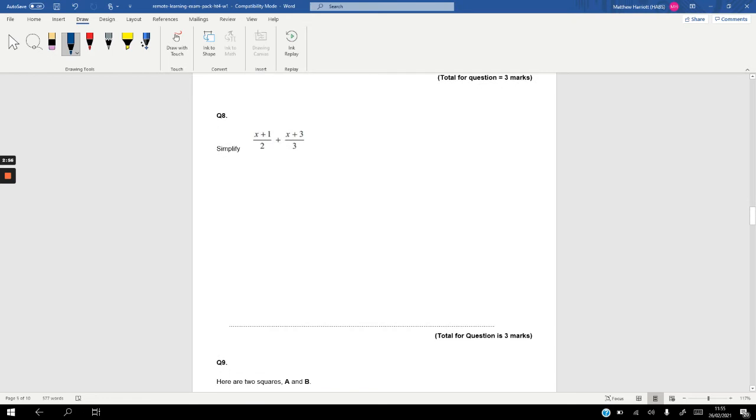Question 8. We want to simplify these fractions. Key thing: if I'm adding fractions, I need the same denominator. So, first step is I'm going to make sure that the denominator is the same for both. My lowest common multiple of 2 and 3 is going to be 6.